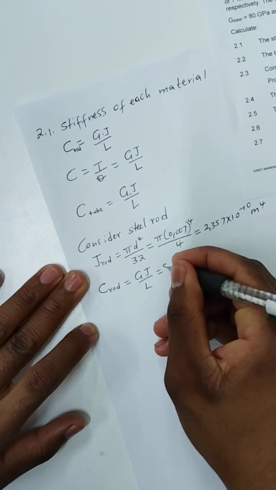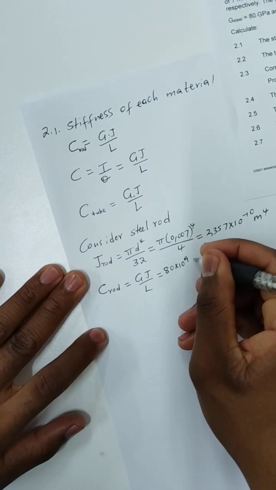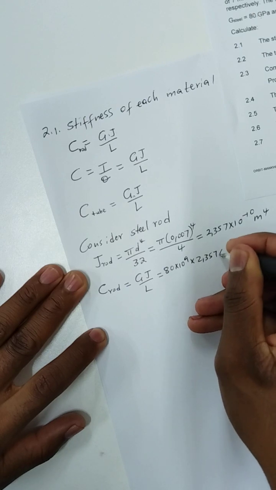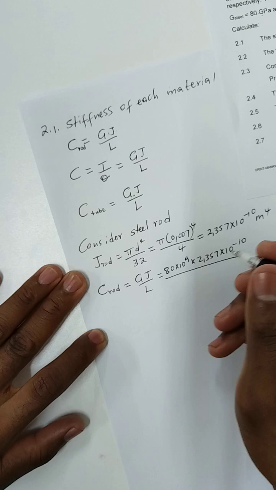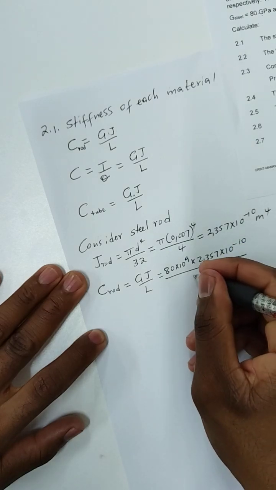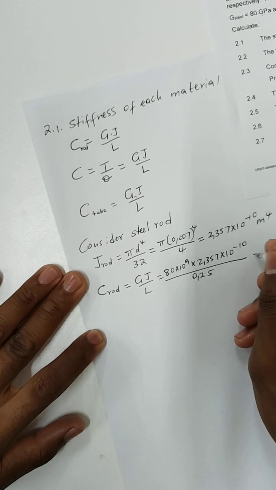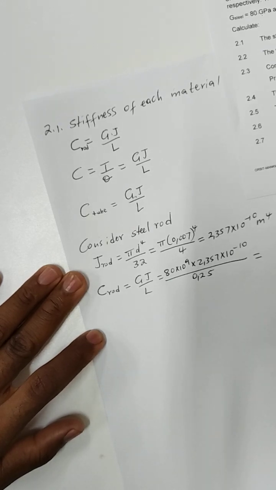Then you will have 80 times 10 to the power 9, multiplied by J, which is 2.357, over L, length is 250. You convert it to meters, you will have 0.25. Then that will be equal to 75.424. So that is the stiffness.